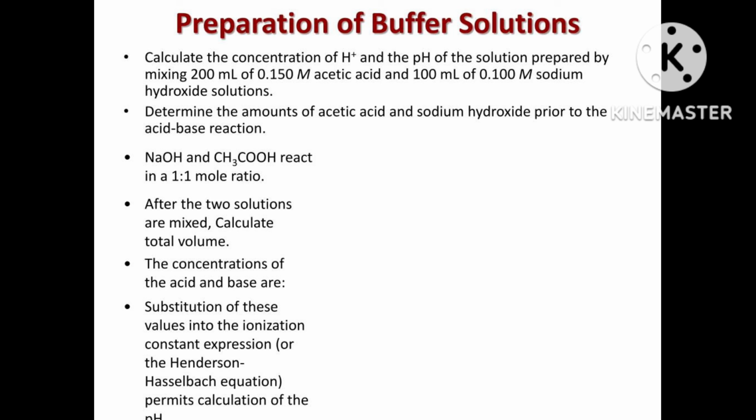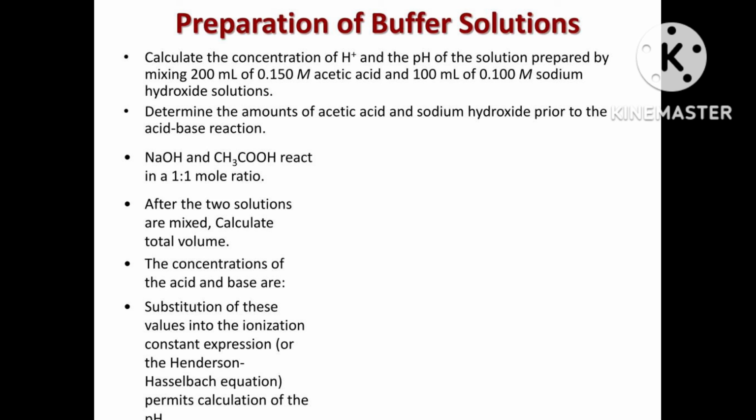Here, in the place of conjugate acid, you can write the salt as I discussed before. This is also called the Henderson equation. Here also you have derived it, and this is the new relation: pH is equal to 9.25 plus log molar concentration of conjugate acid divided by base.